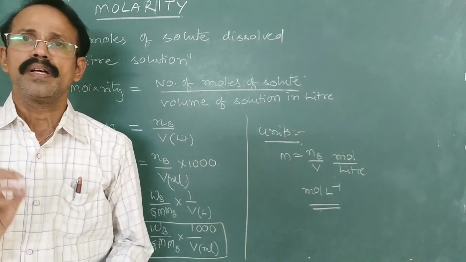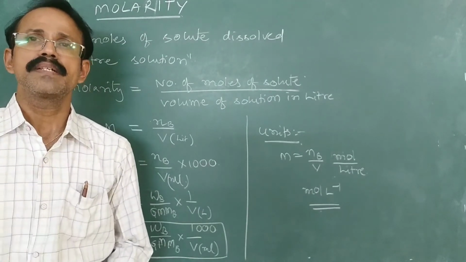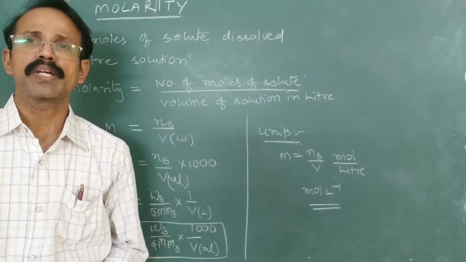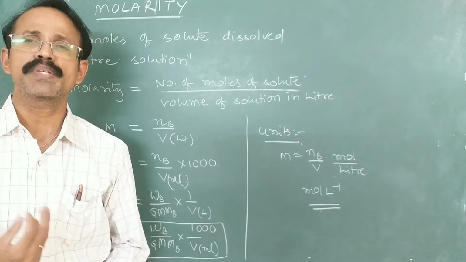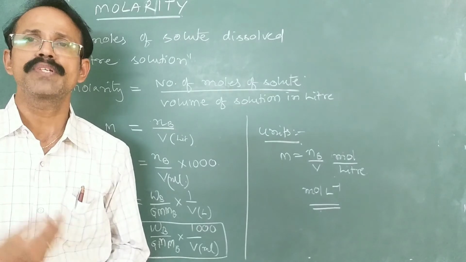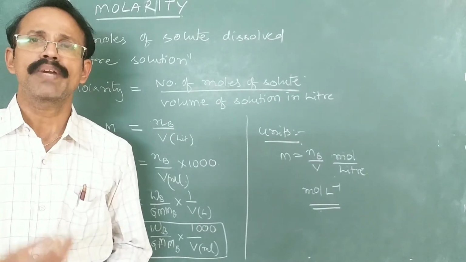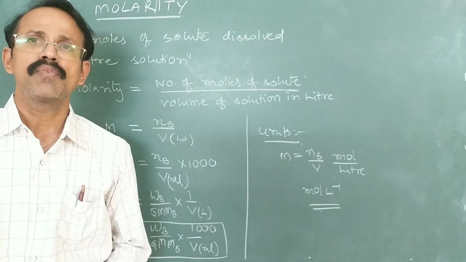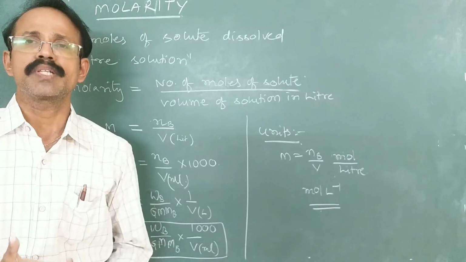Now what is the effect of temperature? There is an effect of temperature on molarity, because here the amount of solution is expressed in terms of volume. So obviously the volume term is affected by temperature. When temperature is increased, expansion of the solution takes place.